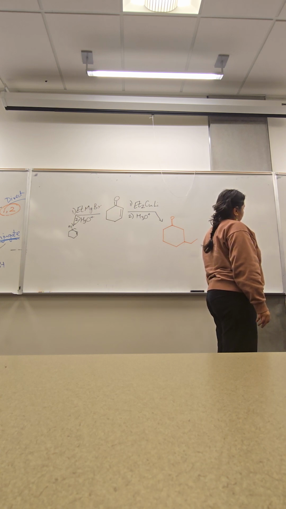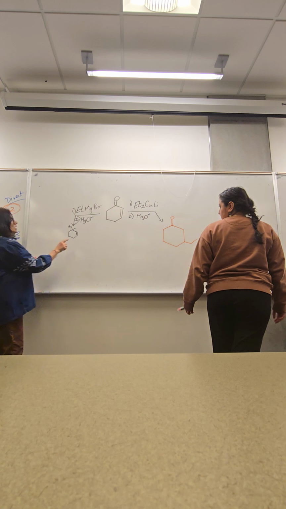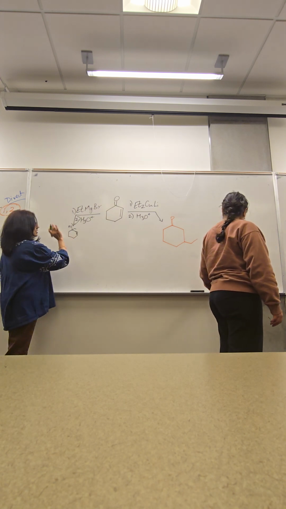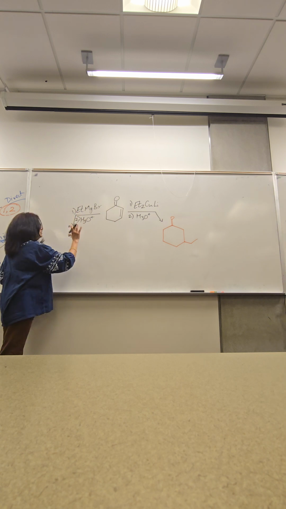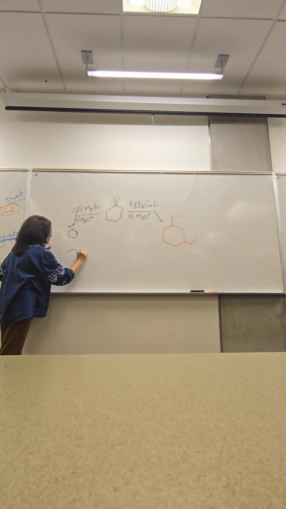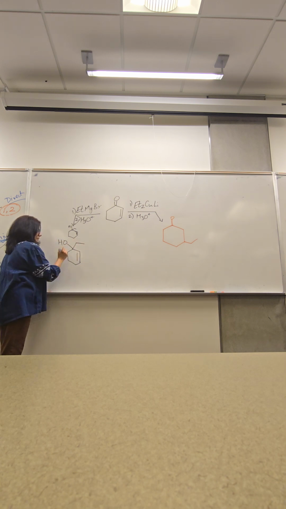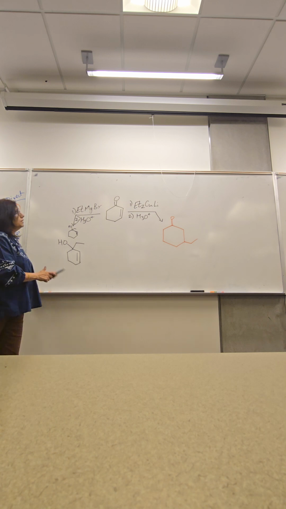Carter, is that a double bond there? Yeah, that's a double bond. Okay, cool. Can I just draw it a little bigger? So you're saying that's a double bond, right? Okay.